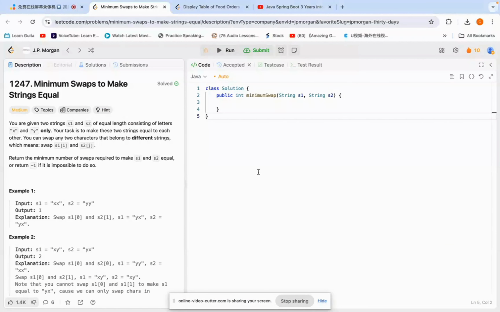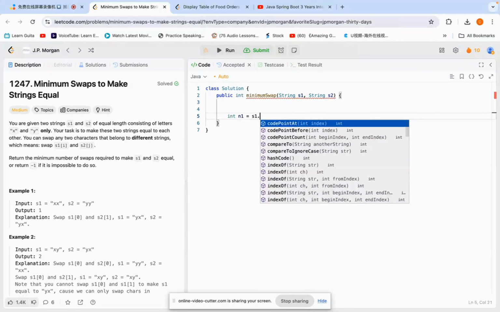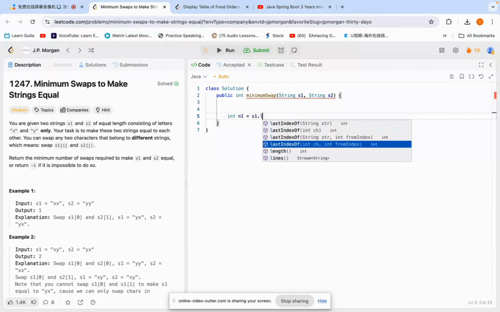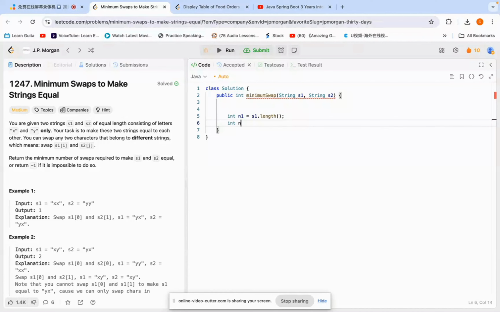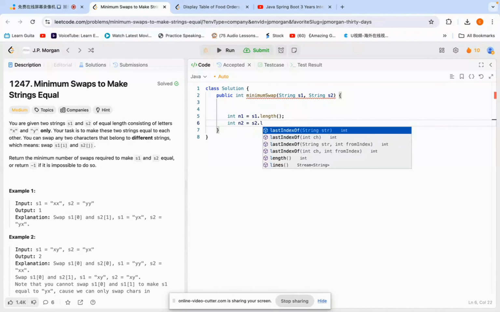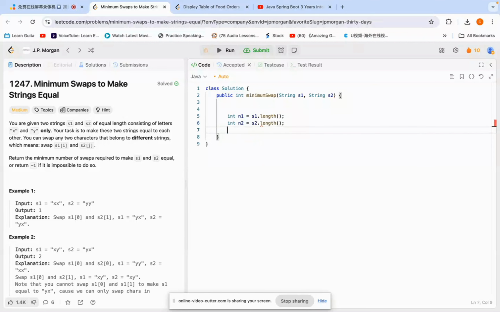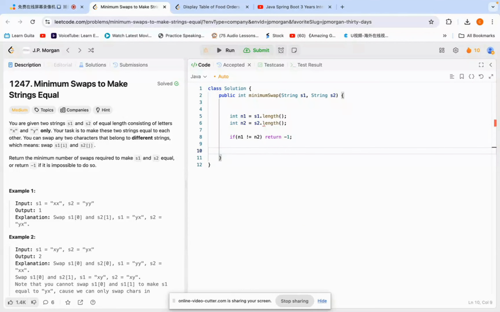So now let's try this greedy algorithm. Let's start the coding. If the lengths of s1 and s2 are not equal, we need to return -1.